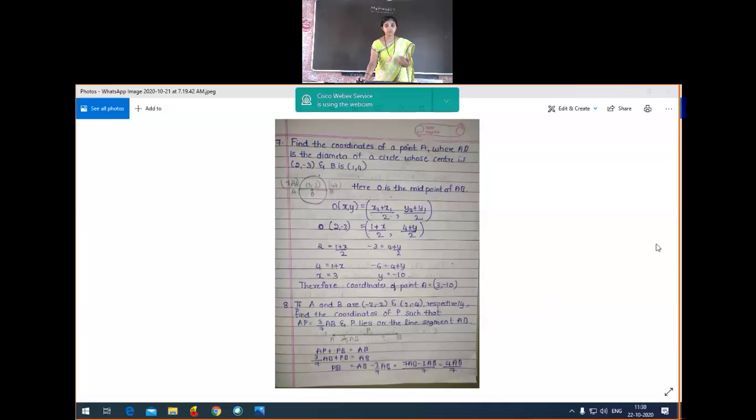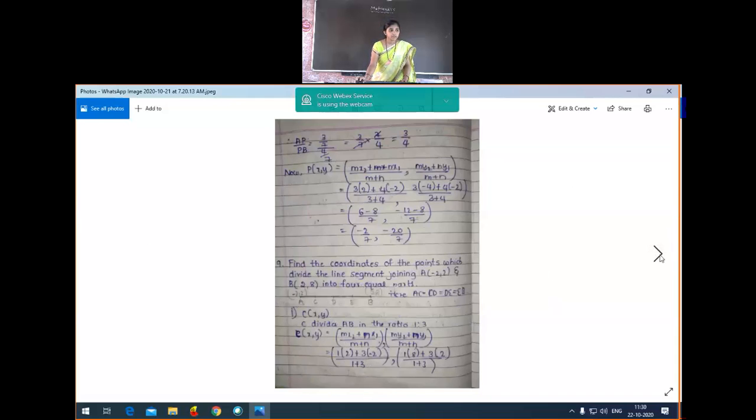Now observe the ratio AP divided by PB: 3/7 divided by 4/7. The 3/7 is given in the data, and we worked out that PB is 4/7 of AB.